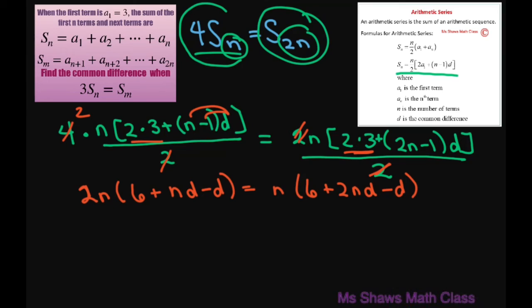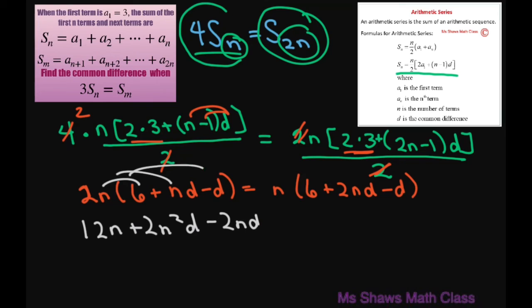This will give us, by distributing, 12n plus 2n squared d minus 2nd, and also do this one. So this will give you 6n plus 2n squared d minus nd.